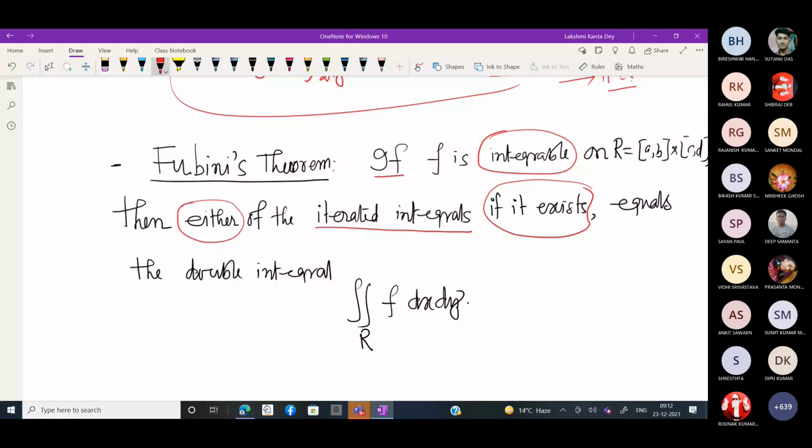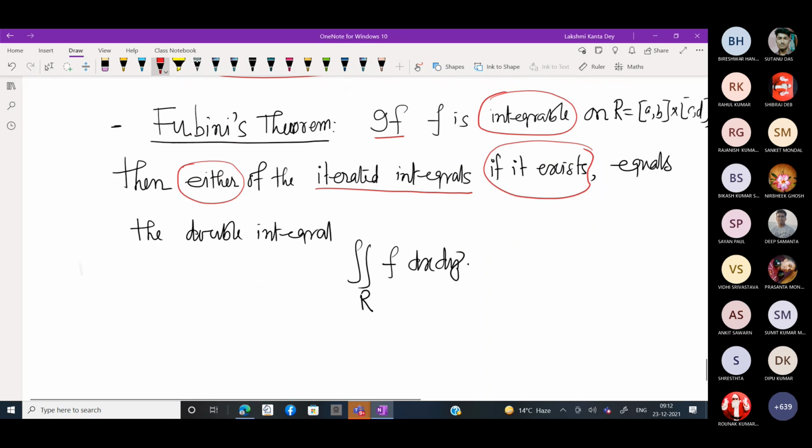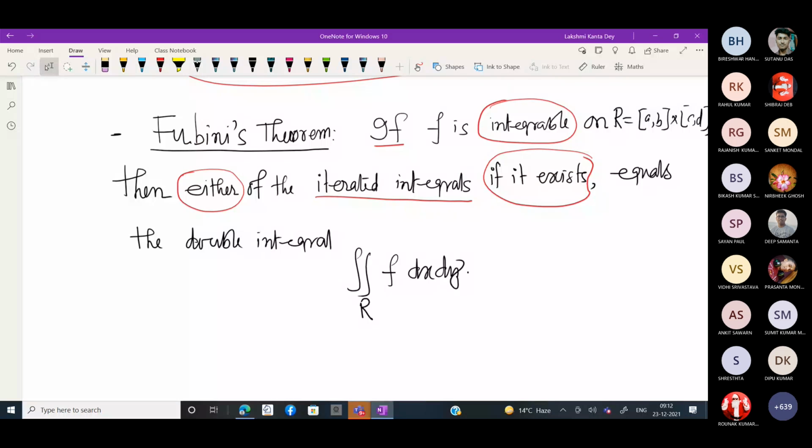If f is integrable on a rectangular domain of definition R, then either of the iterated integrals, if it exists, has to equal the double integral. There are certain remarks also we will make.